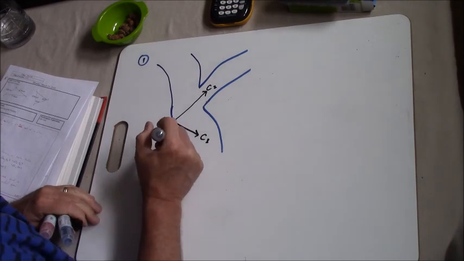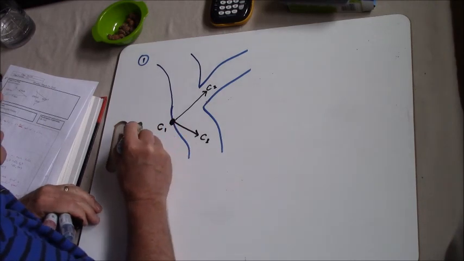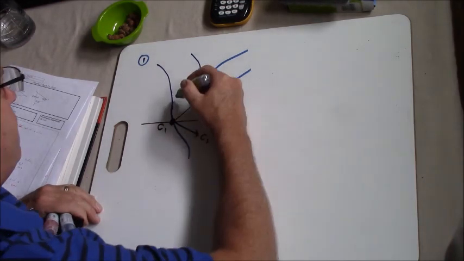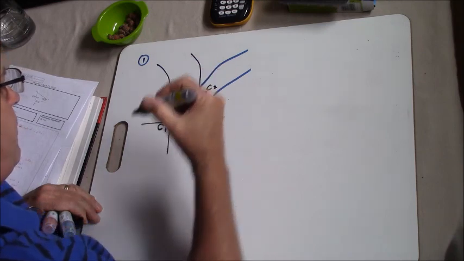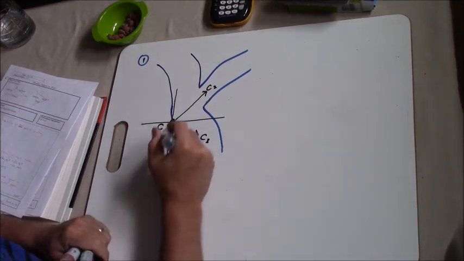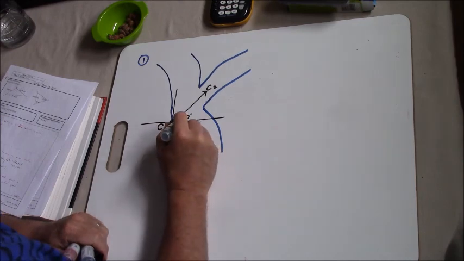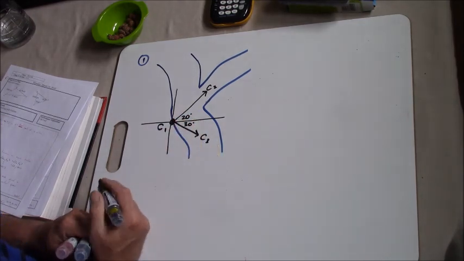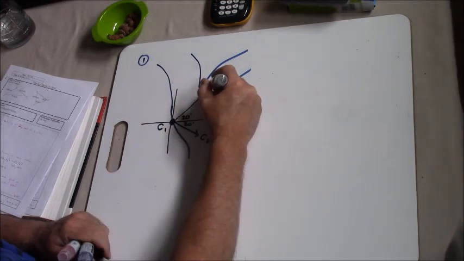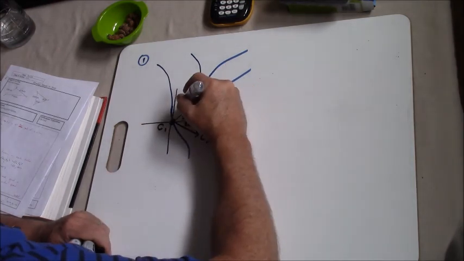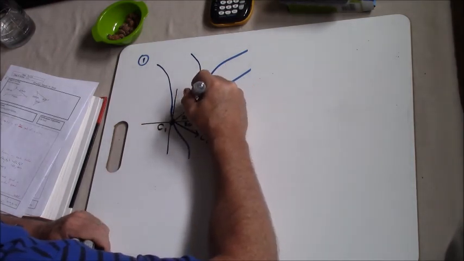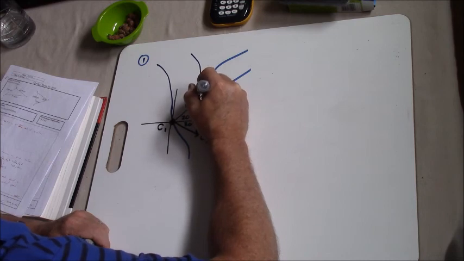So I'm going to put an XY axis into the problem. And I'm going to say that this angle right here is 20 degrees and this angle is 30 degrees. This car pulls with a force of 120 pounds of pressure.